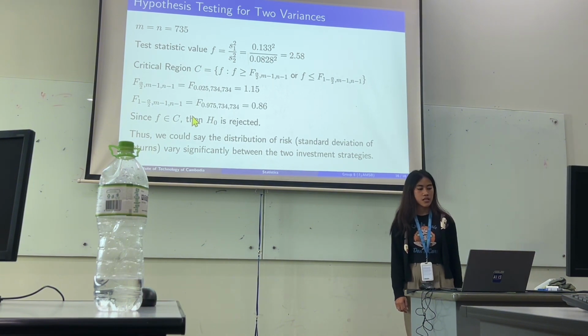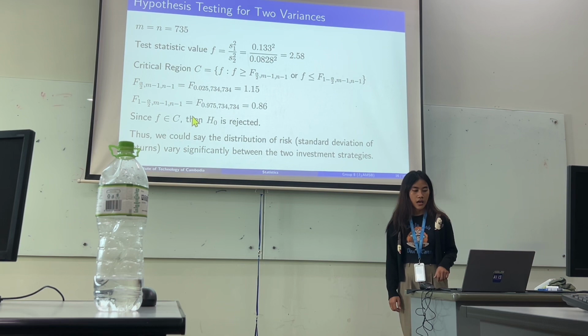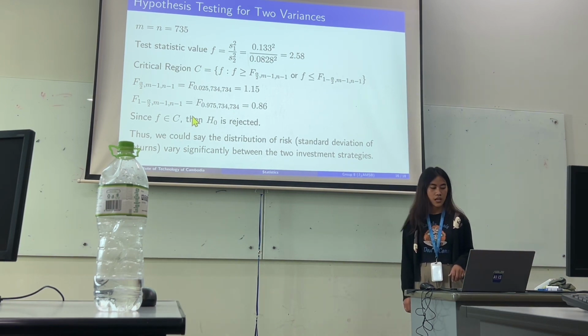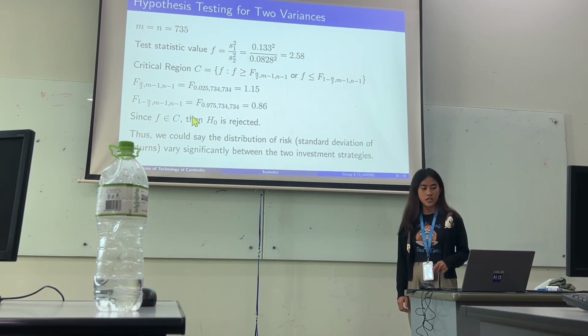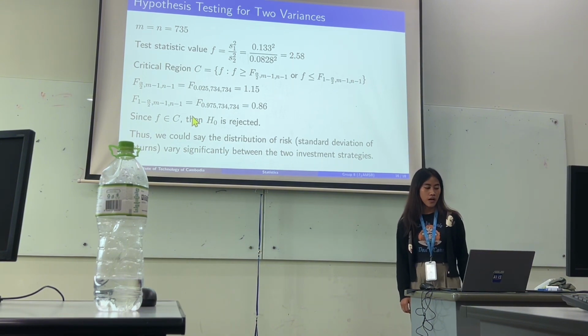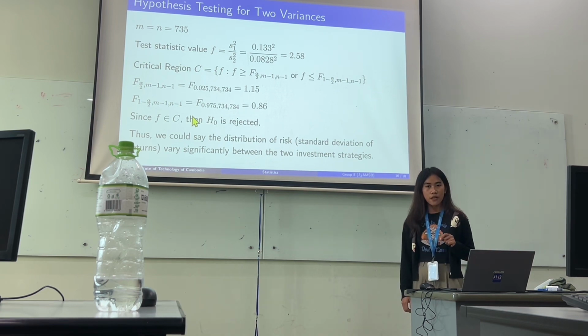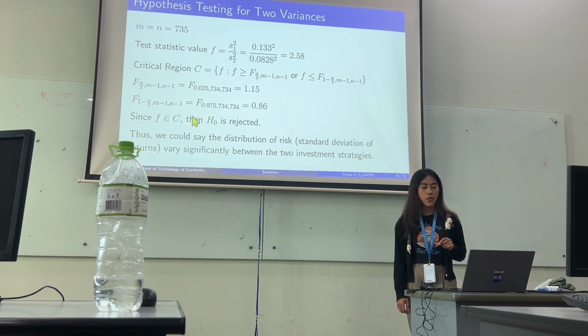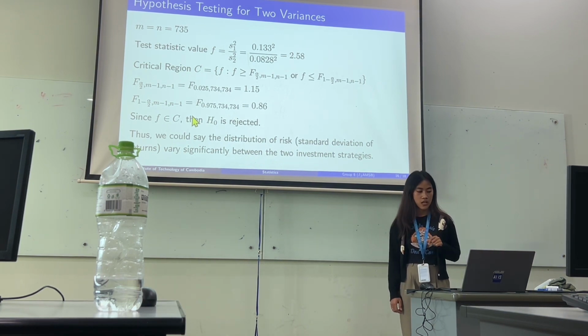We test the statistic value by F equals s1 squared over s2 squared, and it has a value of 2.58. And the critical region is defined as shown. F alpha over 2 equals 1.15, and F 1 minus alpha over 2 equals 0.86. Since F falls within the critical region C, H0 will be rejected.